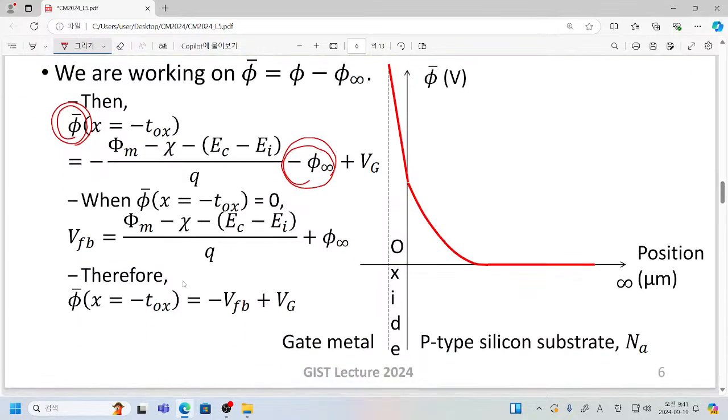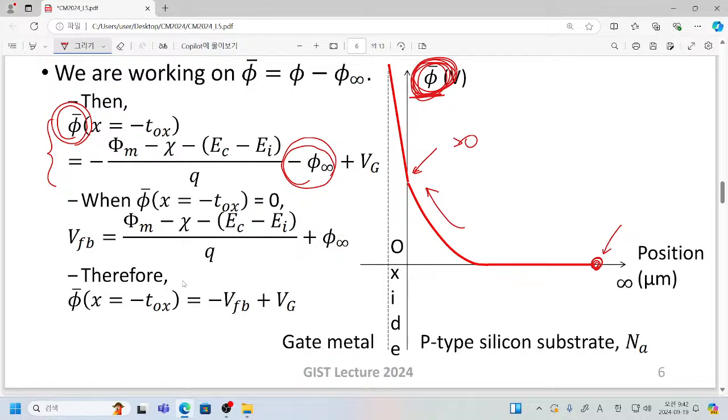So now think about this one. For the electrostatic potential referenced to the deep substrate, it simply means that if this value at the surface is positive, then we are considering an upward bending of our potential.